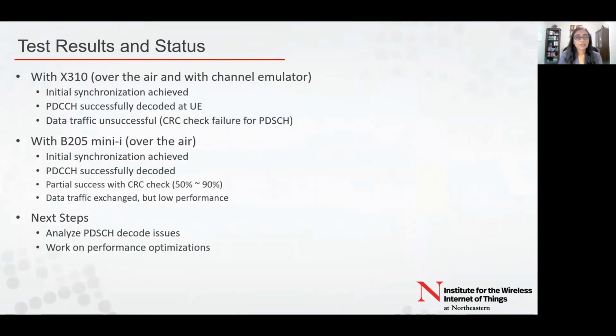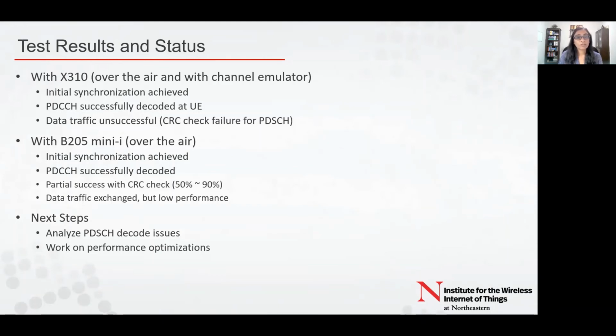To summarize the status over X310s, we see that initial synchronization is achieved and PDCCH can be decoded successfully. However, no data traffic is exchanged as CRC check fails for PDSCH.